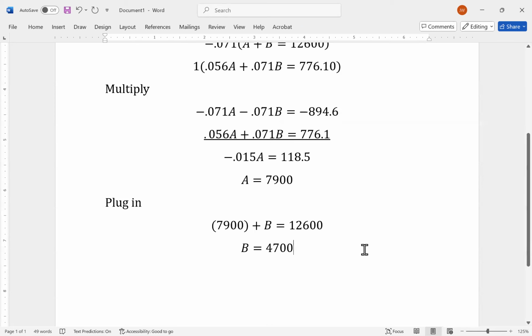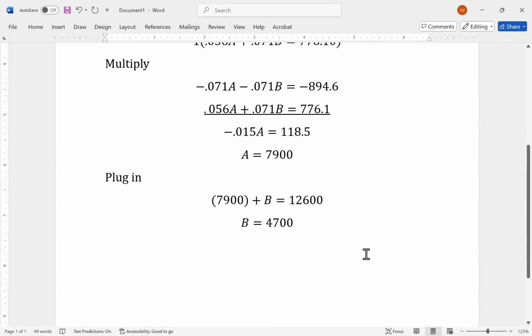Now, this was all in monetary amounts. So this means that the investor put in 7,900 into stock A and 4,700 into stock B.